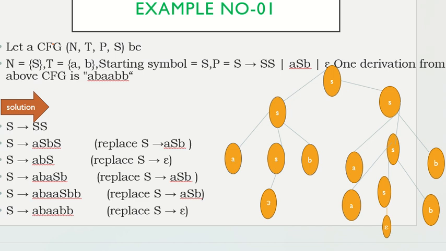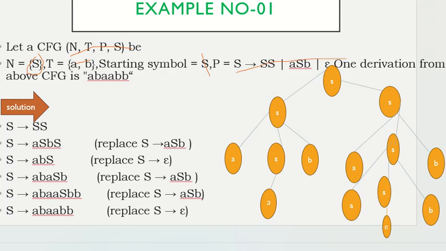Let there be a context-free grammar. This is the given grammar. S is the non-terminal, and A and B are terminals. The starting symbol is S, and the production rules are these.